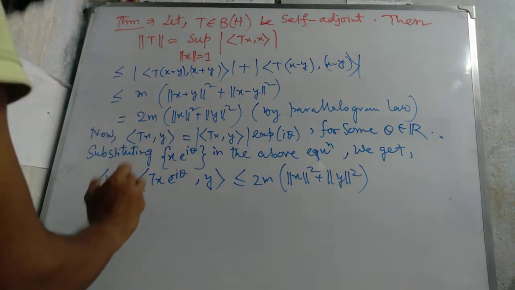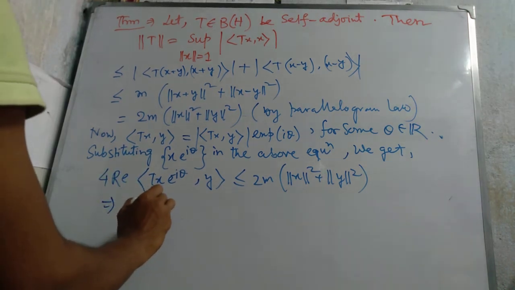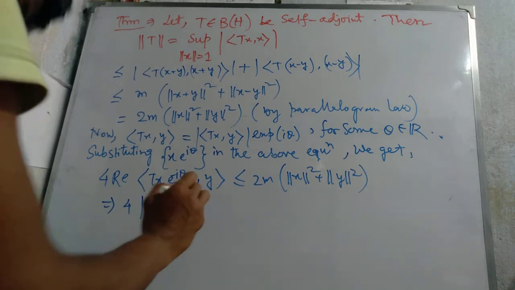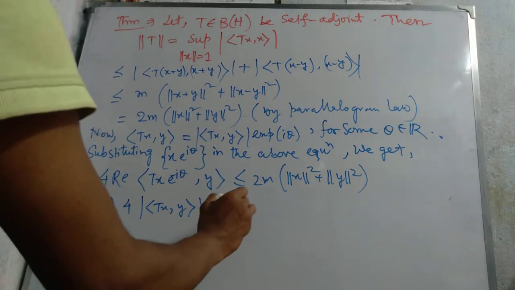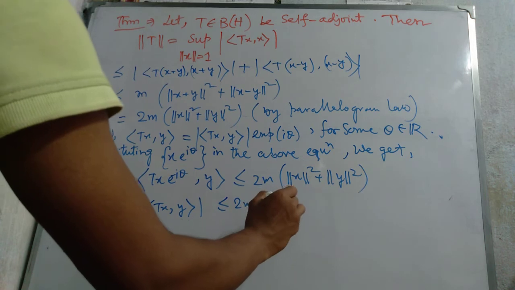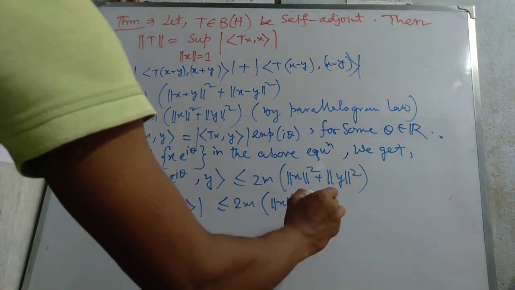This implies 4 norm of Tx, y is less than or equal to 2m times norm of x squared plus norm of y squared.